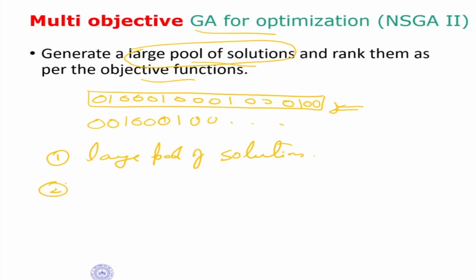Number 2, it rejects solutions that do not satisfy the constraints. For example, if it generates a solution in which the accessibility angle is not satisfied, then it will just reject that solution.